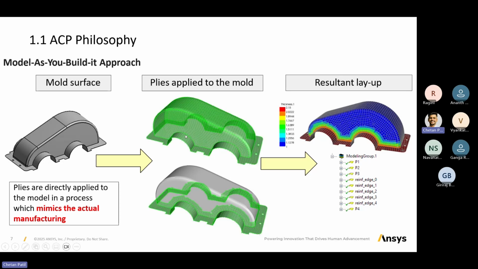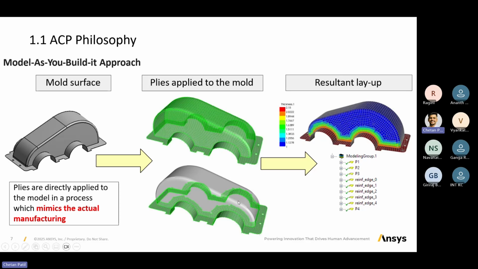Then after applying the plies on the mold, we need to consider the manufacturing capabilities as well, and whether it is possible to do the building or manufacturing process with respect to whatever conditions we are applying on the model. Once you apply the plies on the mold, you can process it for the simulation part and the post processing part.